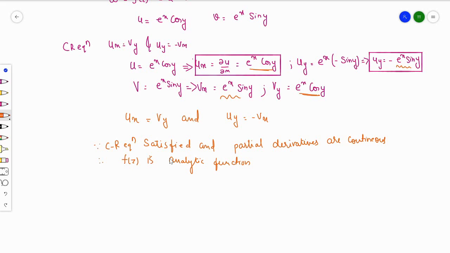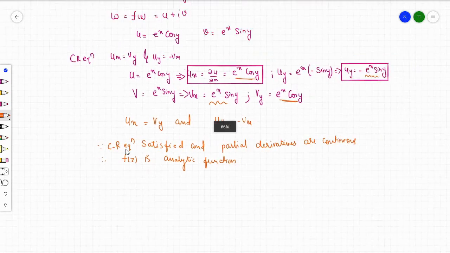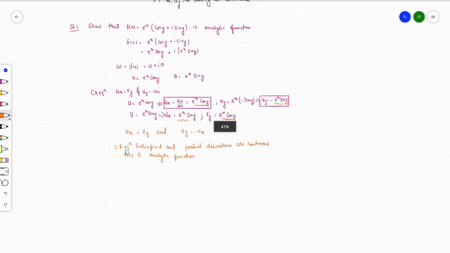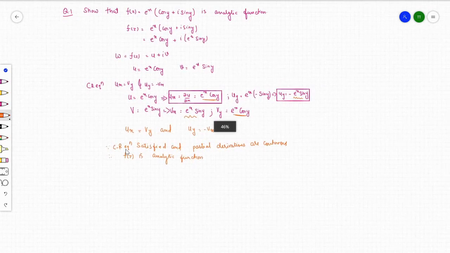So let's see this question again. Show that f of z, which is equal to e raised to power x cos y plus i sin y, is analytic. What is your step number 1? Step number 1 is separating the real and imaginary parts. What is your step number 2?